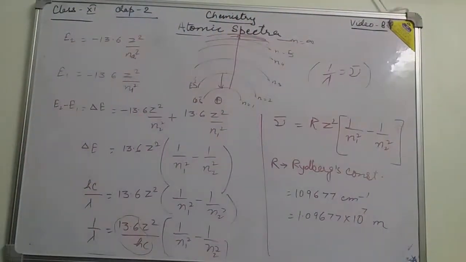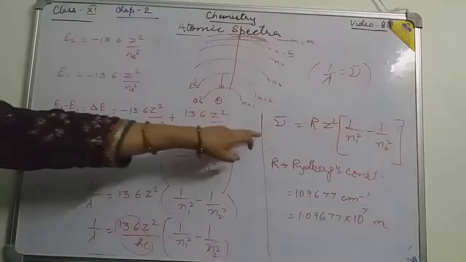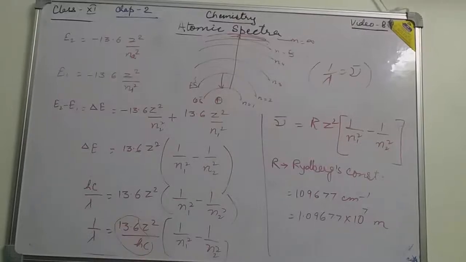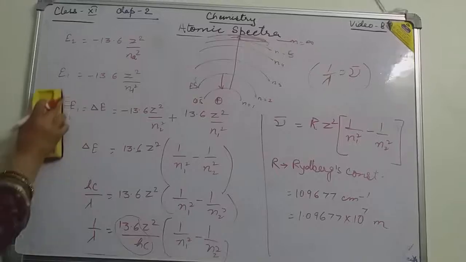This is the value of Rydberg's constant. By this value, we can calculate the lambda or wave number of the electrons. So in the hydrogen spectrum, the first time the spectrum is given by the Balmer.